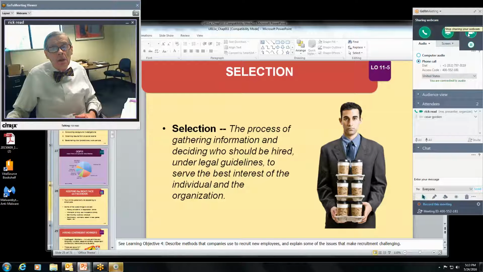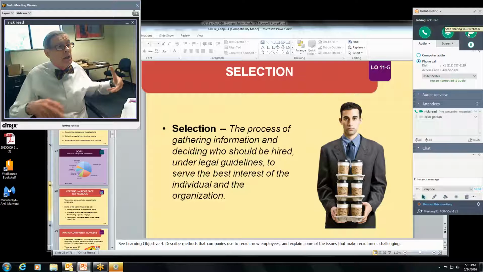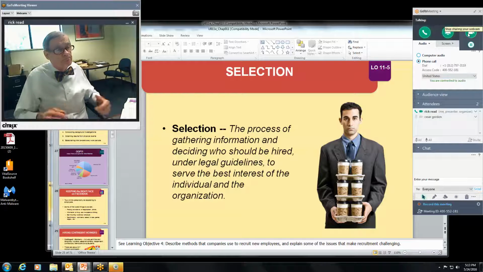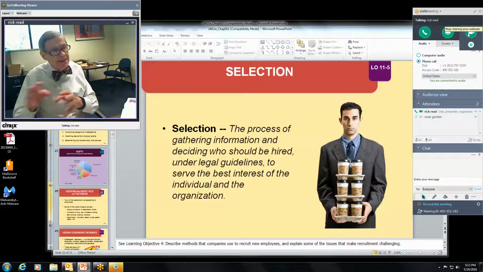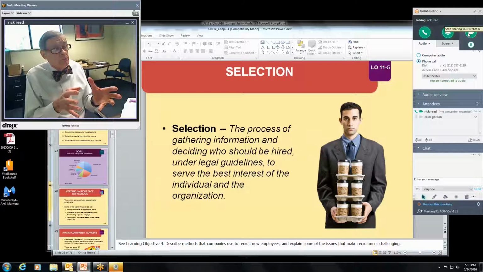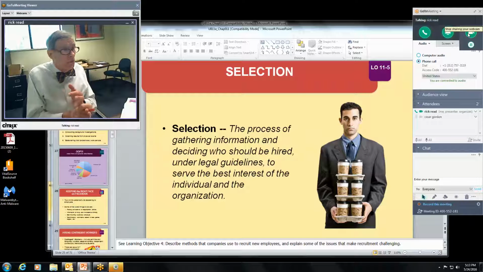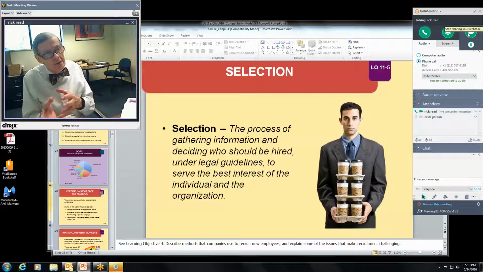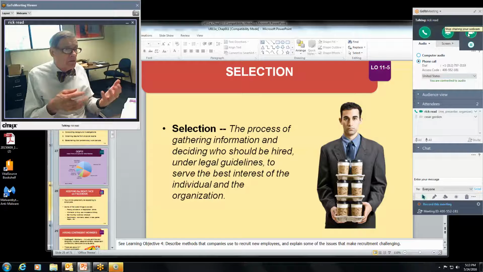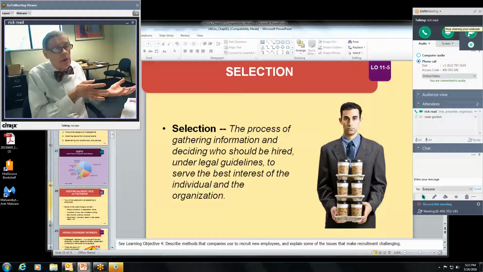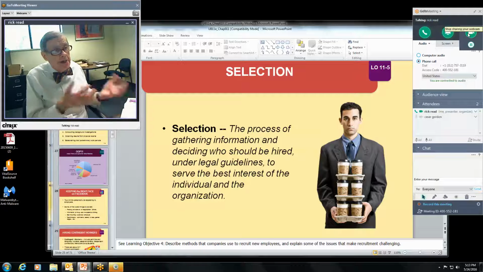Selection is simply, well, I differ with this slide a little bit. Recruiting is getting the information, because you have job applicants fill out an application and submit a resume. The selection is going through that information and then holding some interviews, what I call at the beginning a screening interview, that's a weeding out.